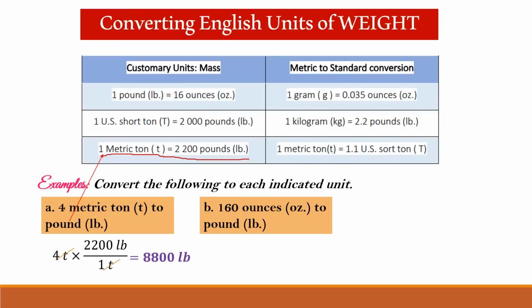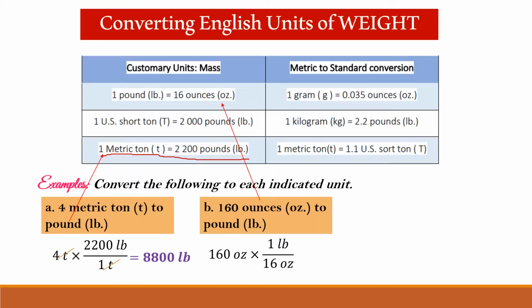or 8,800 pounds. For example B, we are going to convert 160 ounces to pound. So we identify which conversion we are going to use. From our table, we can use the conversion 1 pound is equal to 16 ounces.